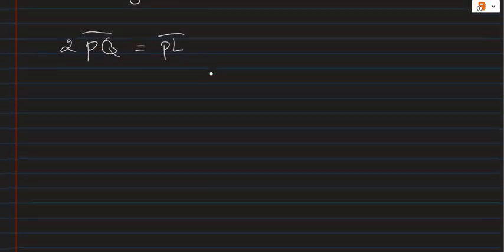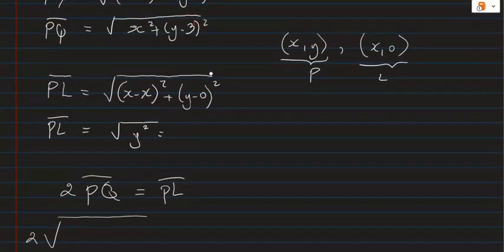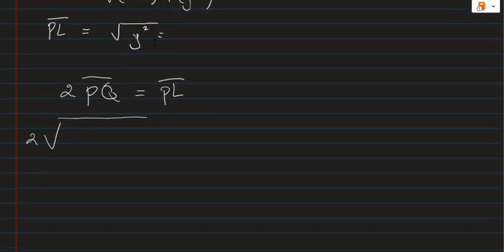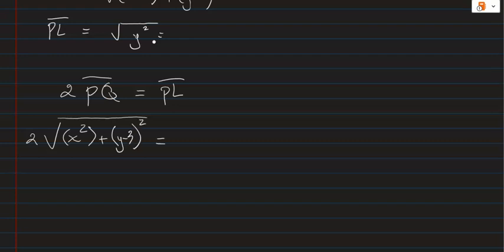We write 2 times the square root of x squared plus (y minus 3) all squared, which is PQ that we just found, equals PL, which is the square root of y squared.